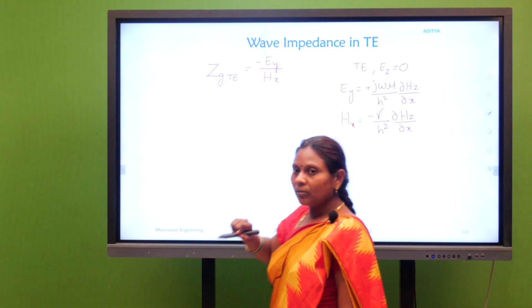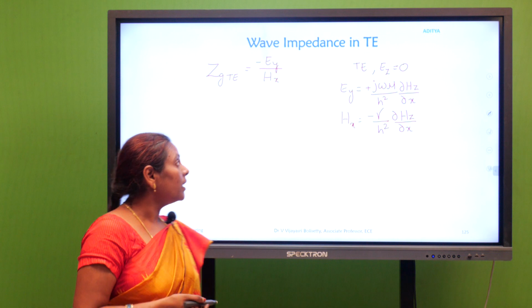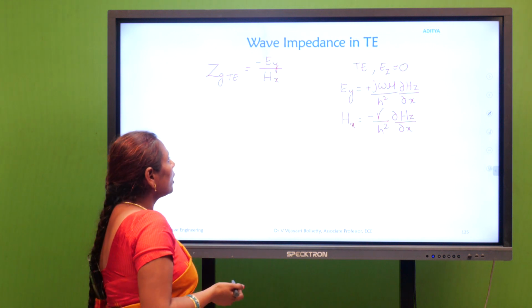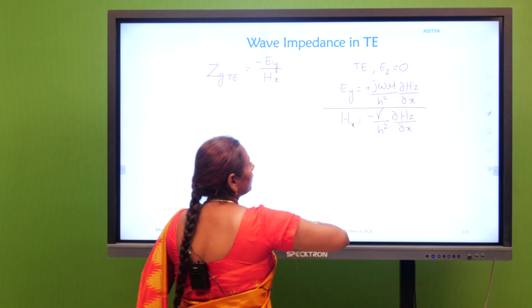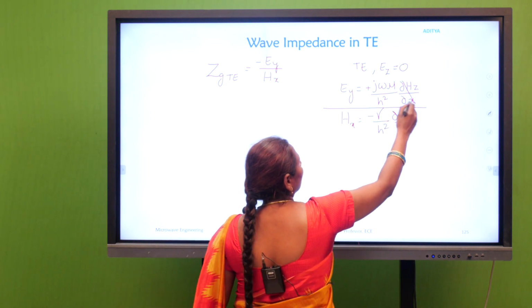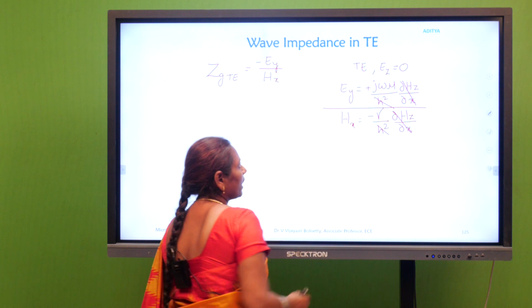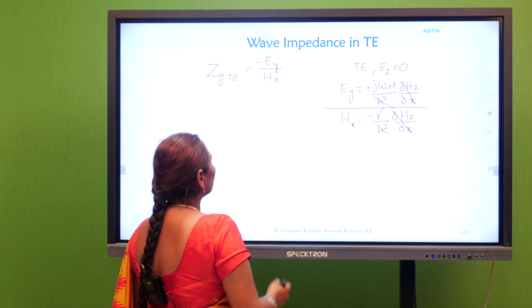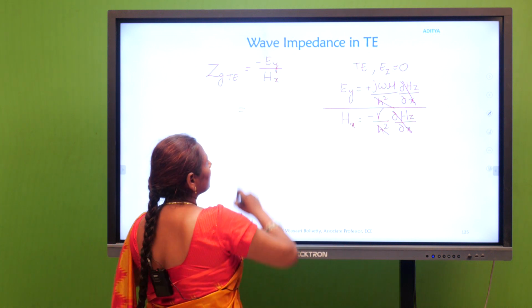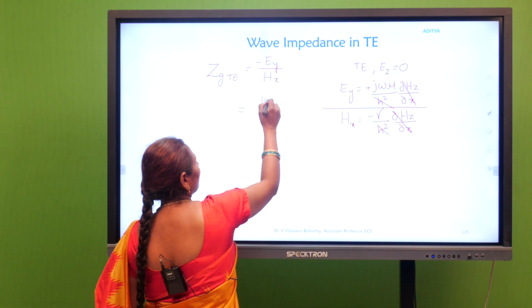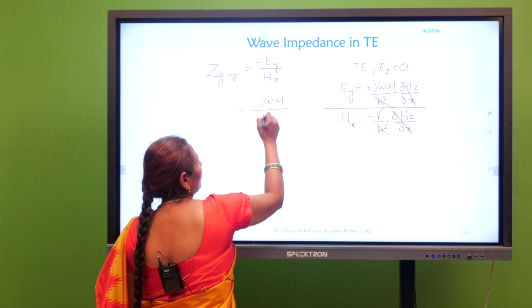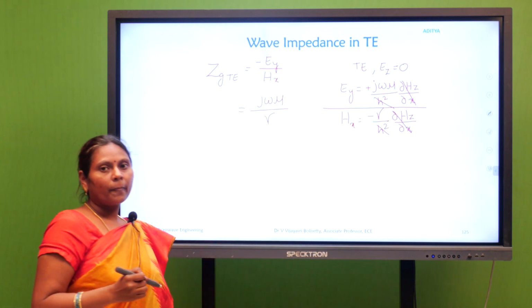The Ez term has become 0 in these expressions. So, now if you divide these two terms, h square is going to get cancelled. So, let us substitute that here, and here we have the minus. So, this minus and this minus get cancelled, and we are going to get j omega mu by gamma.